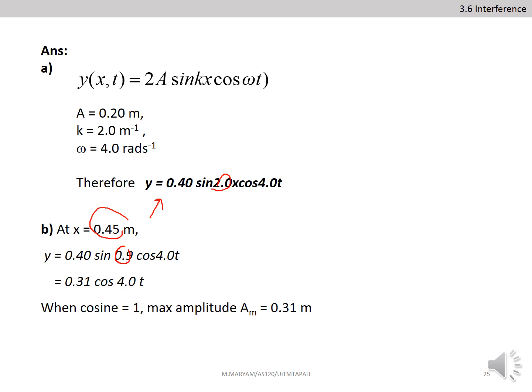So we just substitute the value of x in the equation from part A, 0.4, so 0.45 times 2 here, so we got 0.9, cos 4.0t. So then calculate all of the information here. So we got 0.31 for amplitude, cos 4.0t.